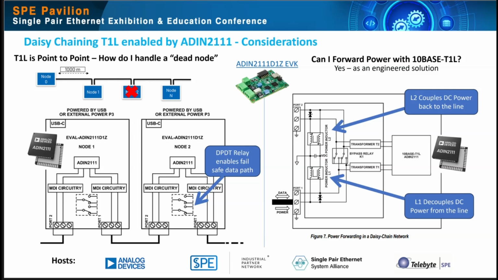The key things to consider when power forwarding with 10BASE-T1L are the location on the cable, the power per node, cable gauge, number of nodes, and the resistance through each node. These all play a factor in the power supply design, the inductor design, and product selection. Again, something that we are happy to help with when it comes to making these design choices.